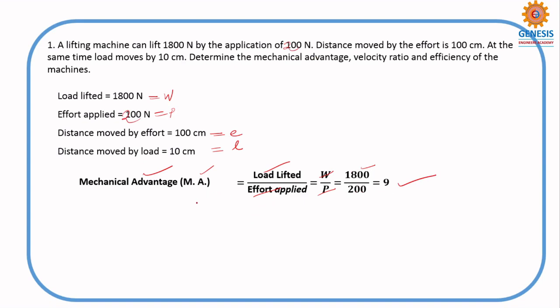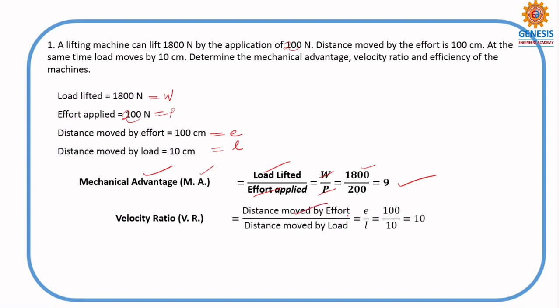Now velocity ratio is equal to distance moved by the effort, E, 100, by distance moved by the load, 10, so that is the velocity ratio. Now efficiency of the machine is equal to mechanical advantage by velocity ratio, so this is 90%.